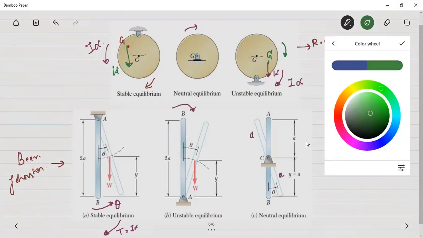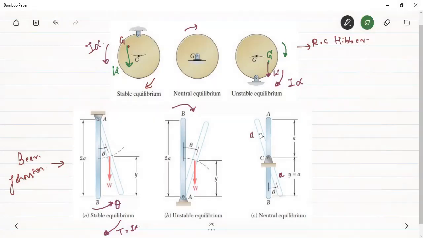The weight of this portion will be W by 2, and the weight of the second half of the rod will be in this direction. So this portion will try to create an anti-clockwise movement, and this will try to create a clockwise movement.